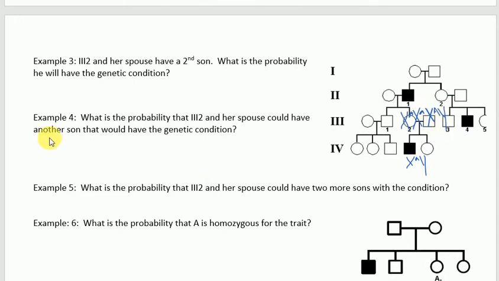So we're going to do a cross. Okay, so we're going to do a cross of X, capital A, Y, and X, big A, X, little a.